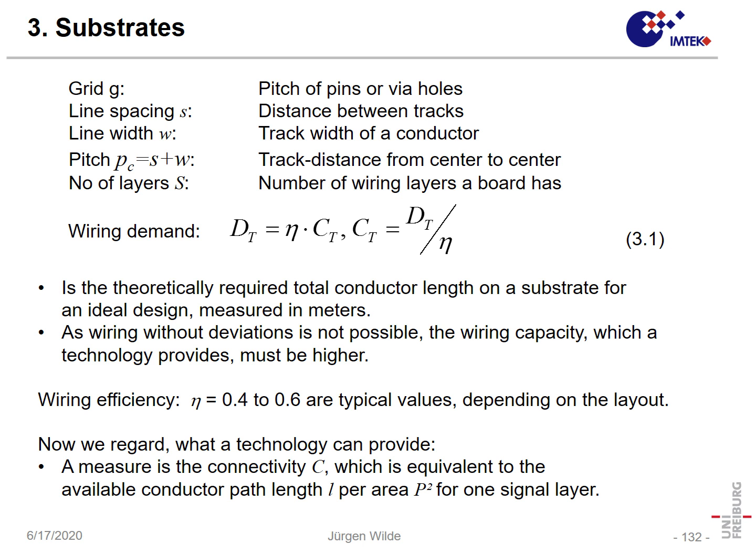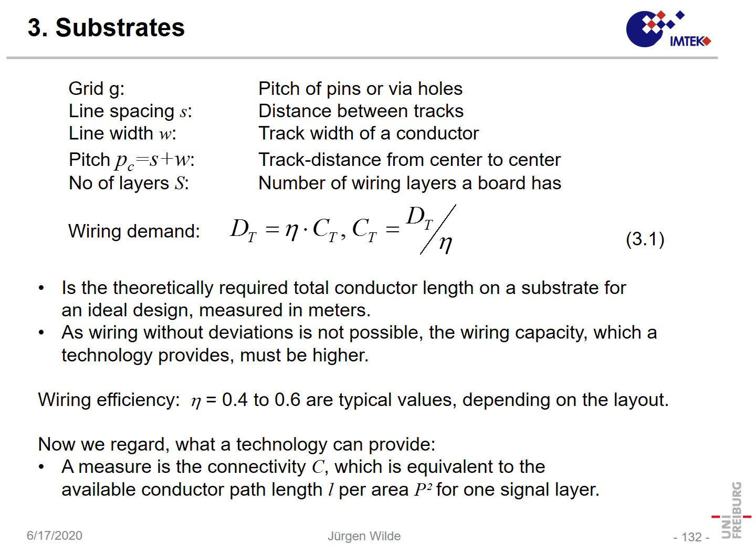On the other hand, you cannot use a printed wiring board which just fulfills that wiring demand. In fact, you have to use a printed wiring board which can fulfill a much higher wiring demand.